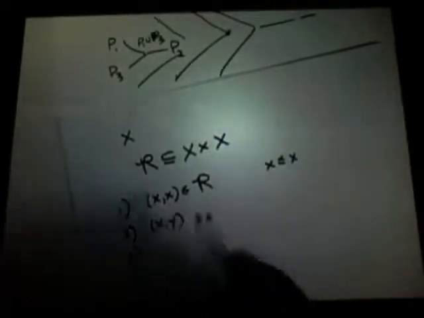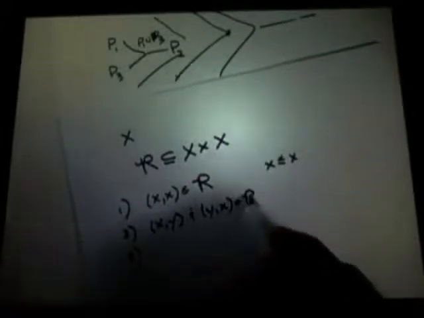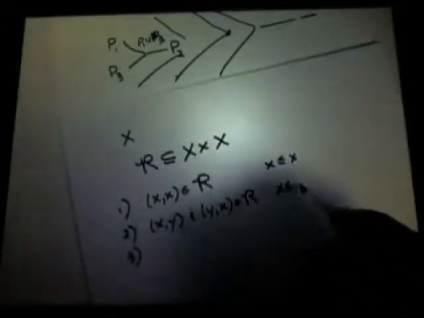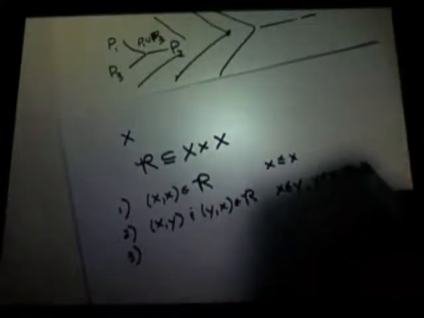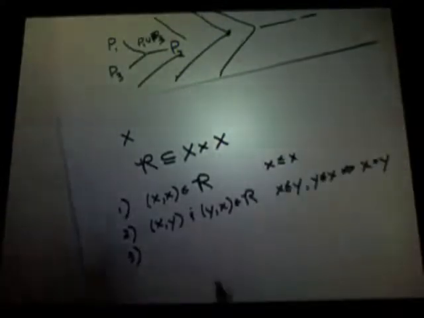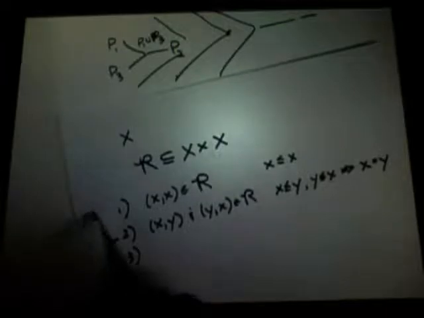(x, y) and (y, x) together being in the relation mean x is less than or equal to y, and y is less than or equal to x, which implies x equals y. This is called anti-symmetry. This is called reflexivity.